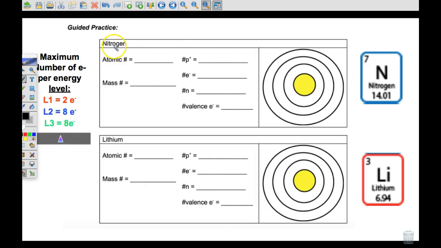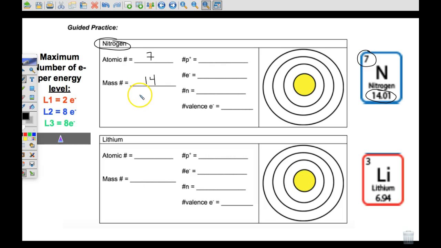So after looking at the information for nitrogen based off the periodic table, it's clear that I have an atomic number of 7 because it's the smaller of the two given numbers, and I have a mass number of 14. Remember, we always round to the nearest whole number.